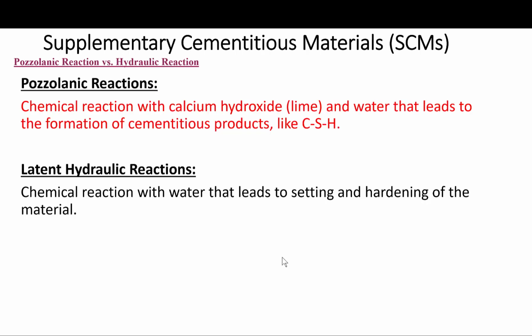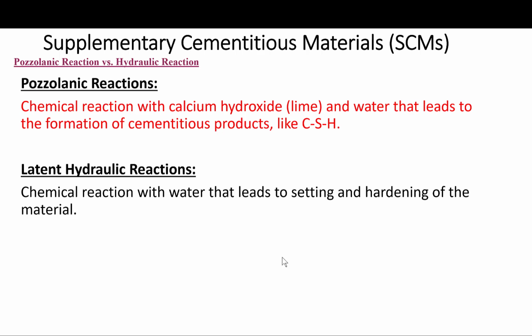Okay, remember I talked about the pozzolanic reaction during the previous lecture. So let us really define the pozzolanic reaction and differentiate it from a hydraulic reaction. If you remember, I indicated that some materials exhibit hydraulic behavior, that means being cementitious on their own, versus pozzolanic, which is not.